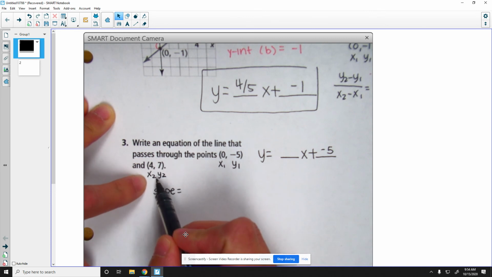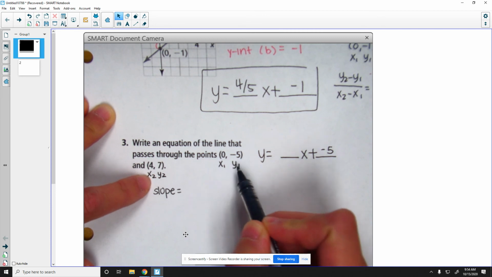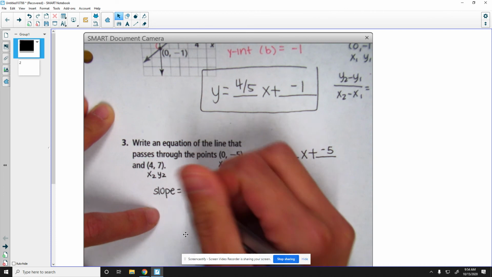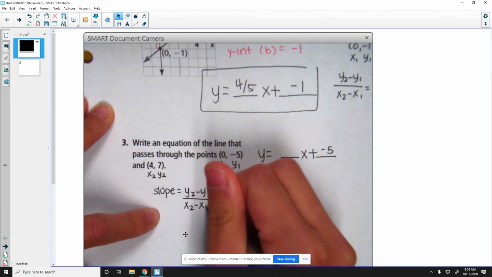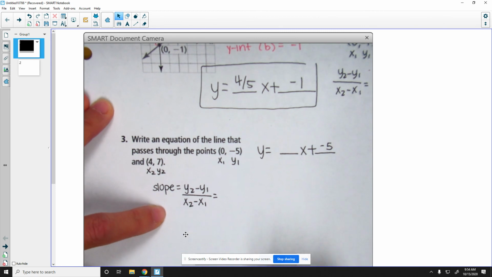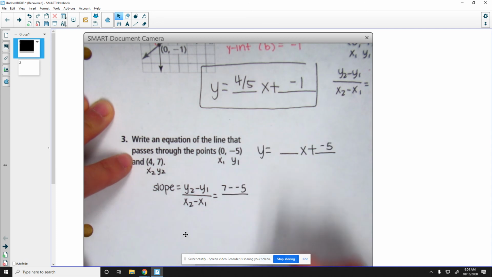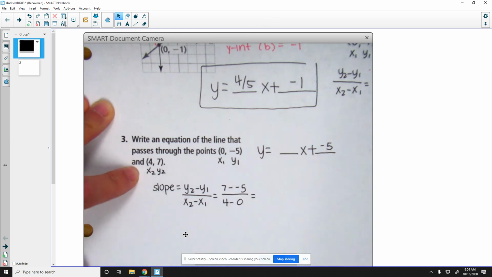If you really wanted to, you can name this one x1, y1, and then name this one x2, y2. It really doesn't matter, as long as your ones are with the ones and the twos are with the twos. So slope formula, y sub 2 minus y sub 1 over x sub 2 minus x sub 1, and plug it in. So I have 7 minus -5 on top. Be careful with that. It's 7 minus -5. And then on the bottom, it's 4 minus 0.